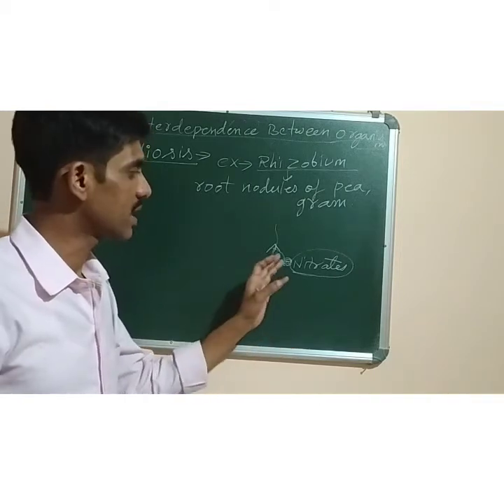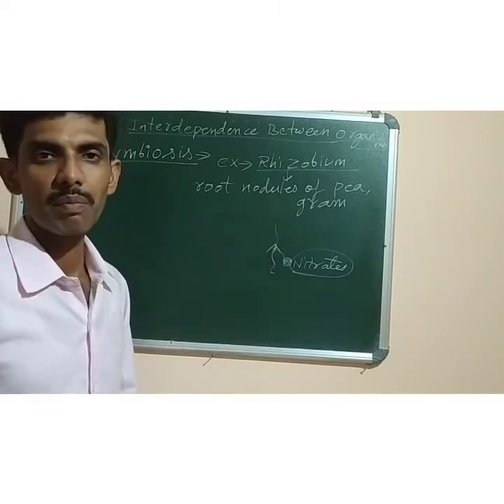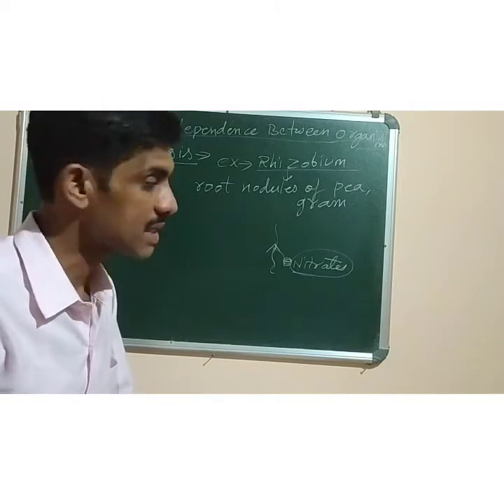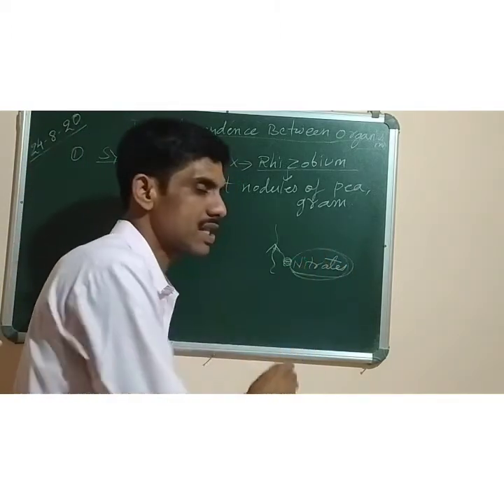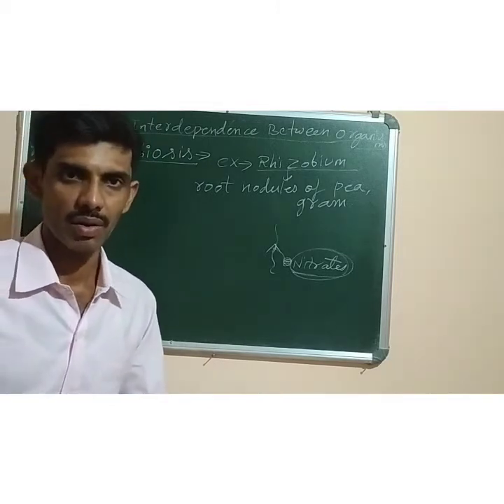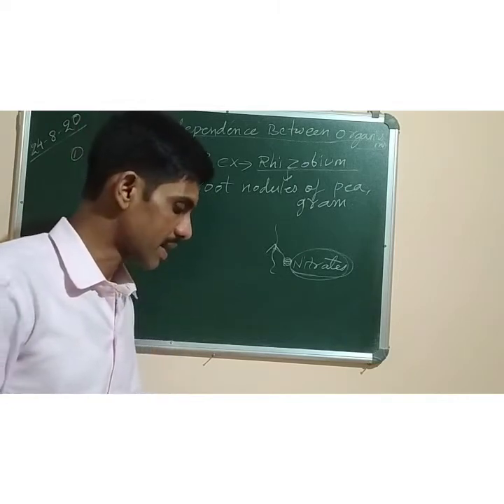So the bacteria is getting the shelter, and in turn it is providing benefit to the plant by converting atmospheric nitrogen gas into soluble nitrates, which can be taken through the roots of the plants along with the water. Okay, because this nitrate is the mineral which is required for the growth of plants.